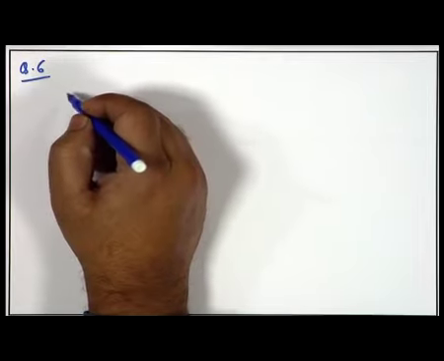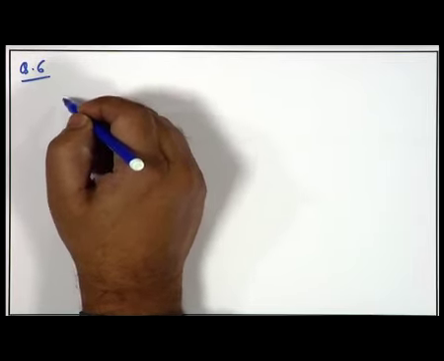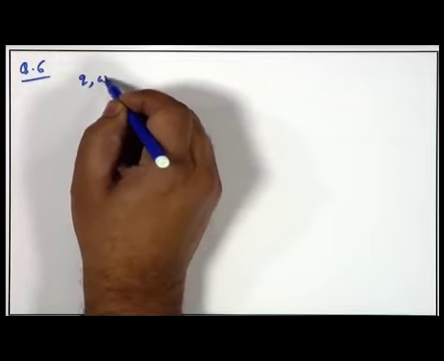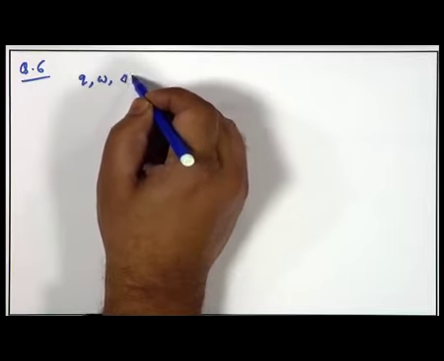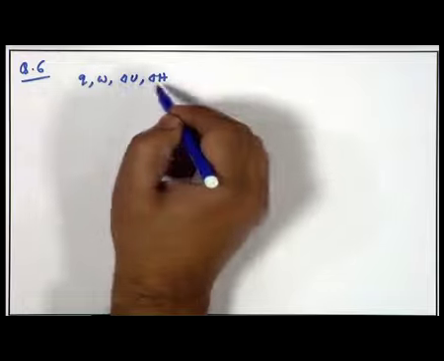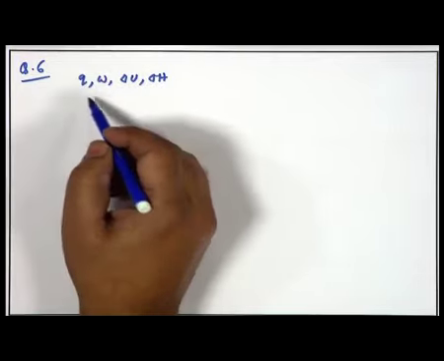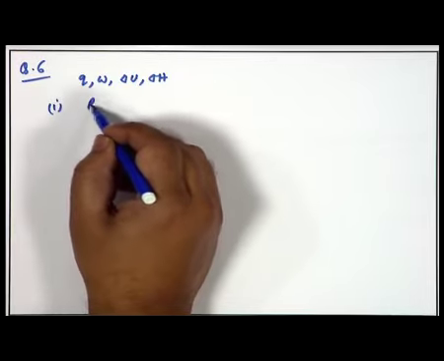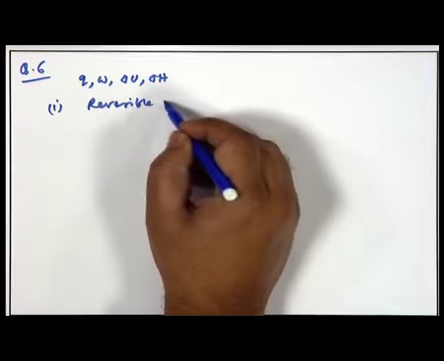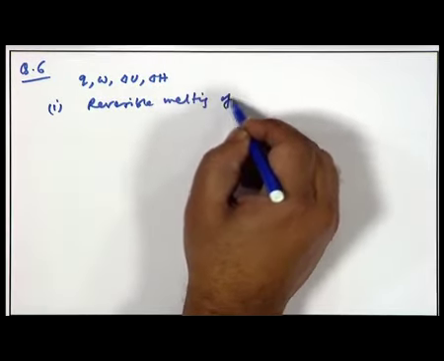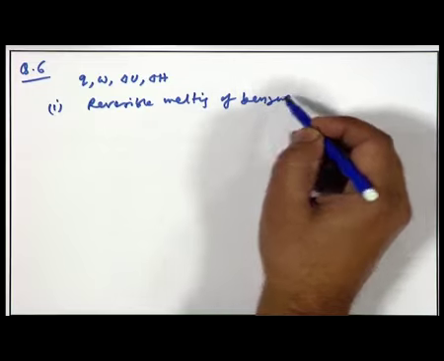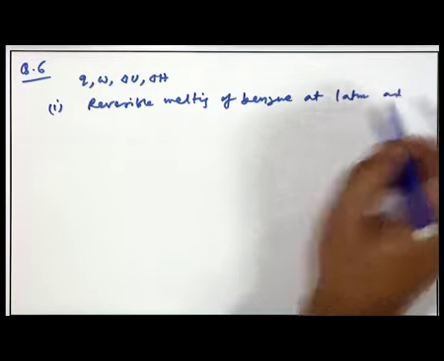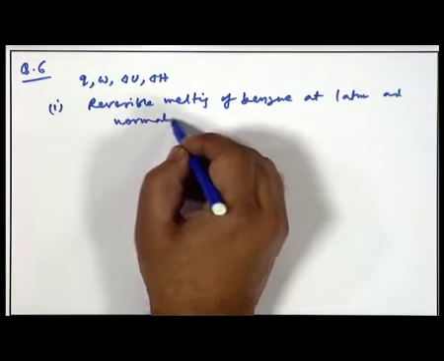We will write, for each of the following processes, I will write the process and you have to tell me the sign of q, w, del U and del H. The first one would be reversible melting of benzene at 1 atmospheric pressure and normal melting point.